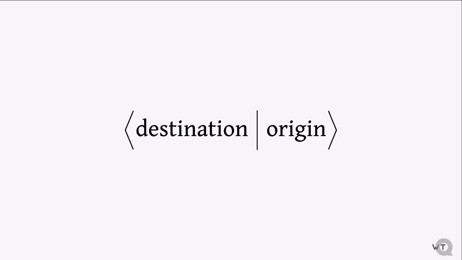In quantum physics, these numbers we are calculating are called amplitudes. We are going to use this bracket notation for the number of paths from some origin to some destination. So the calculation goes from right to left, which is good if you are left-handed like me.